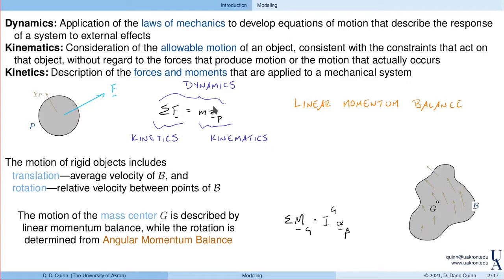And again, thinking about these categories above, right? This whole thing is dynamics. The kinematics is worried about what could happen, right? So what kinds of angular accelerations are possible. And then the kinetics is about what forces or moments are applied to the object.